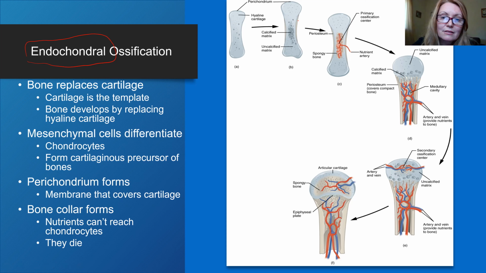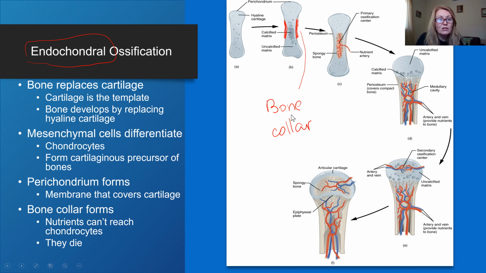If you see like this, and over here, this is called the bone collar. So that's the first bone that is formed, right? Kind of in the middle of the diaphysis.